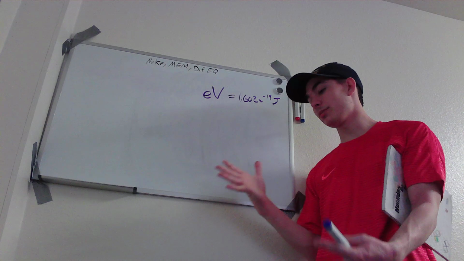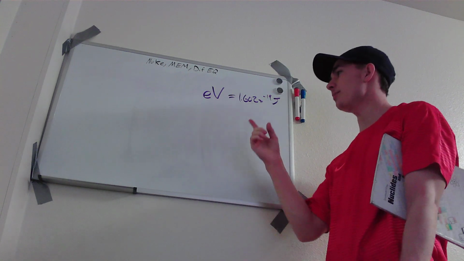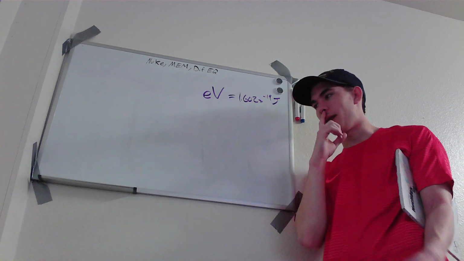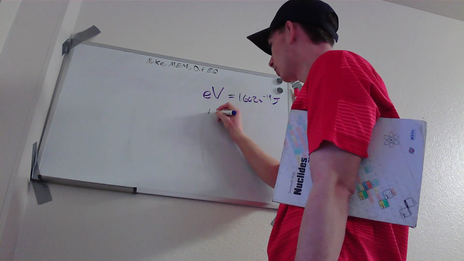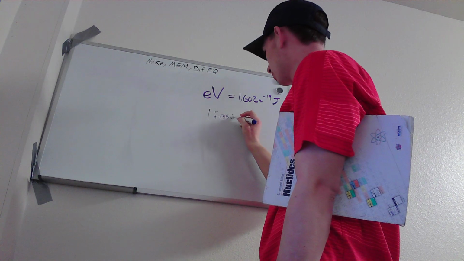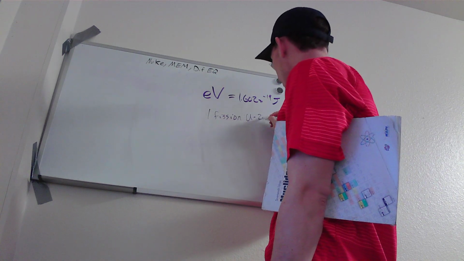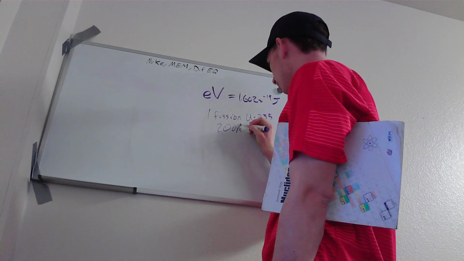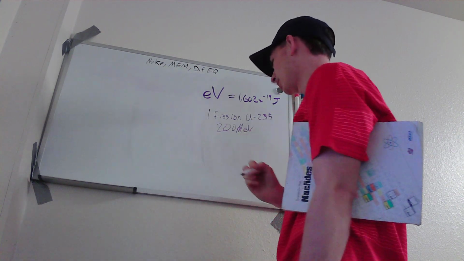U-235, super cool. This is why nuclear engineering is freaking awesome. It gives off 200 million electron volts for one atom. So one fission of U-235 releases 200 million electron volts.